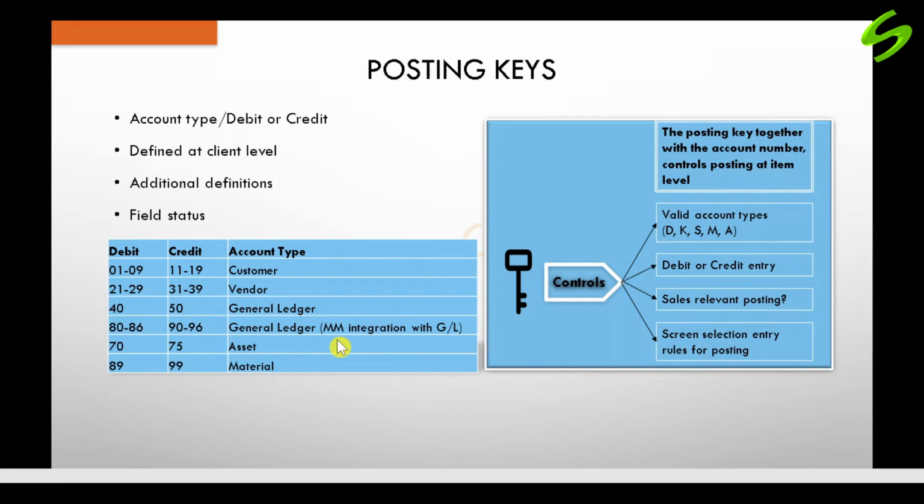For MM integration with GL, the posting keys for debit are from 80 to 86, and the credit posting keys are from 90 to 96. For asset transactions, the debit posting key is 70 and the credit posting key is 75. And for material transactions, the debit posting key is 89 and the credit posting key is 99.